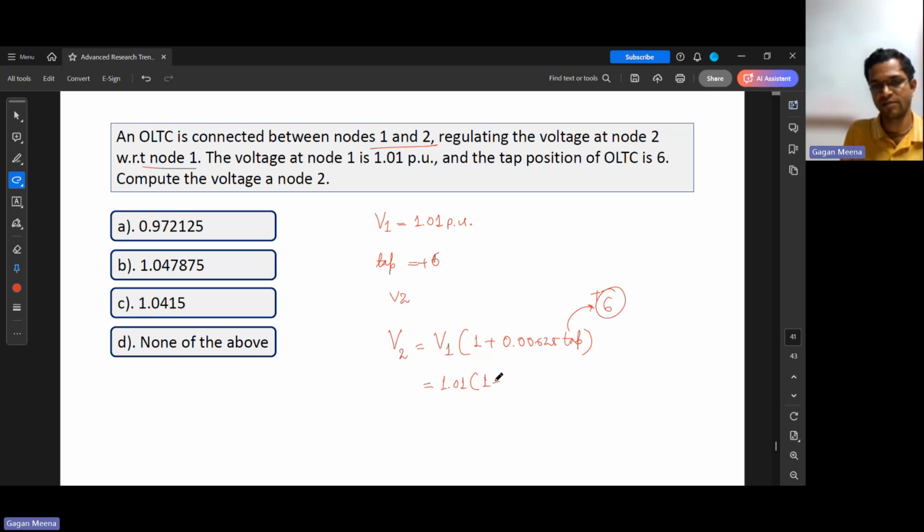So this is 1.01 into (1 plus 0.00625 into 6). This will be equal to how much? This will be 1.047875 per unit.